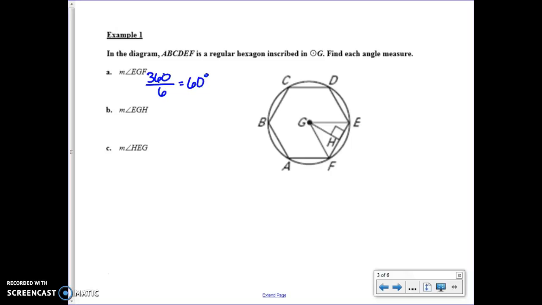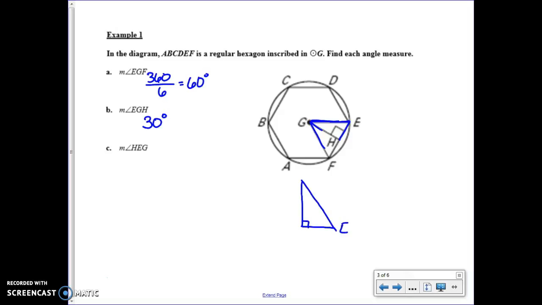Then the measure of angle EGH. Well, if EGF is 60, then EGH would be just half of that, or 30 degrees. Then it wants the measure of HEG. I'm going to go ahead and draw this out for us.